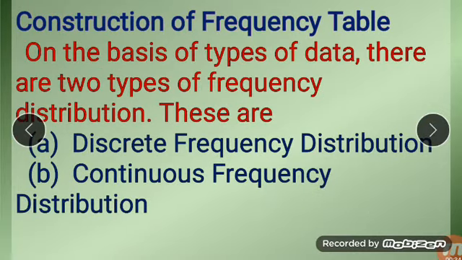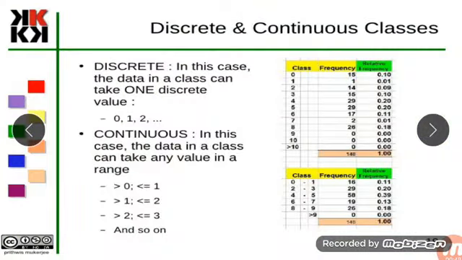Then we learned about types of construction of frequency table. On the basis of types of data, there are two types of frequency distribution: discrete frequency distribution and continuous frequency distribution. In case of discrete frequency distribution, the data in a class can take one discrete value like 0, 1, 2, 3, 4, 5 and 6 and so on. There will be no range of values.